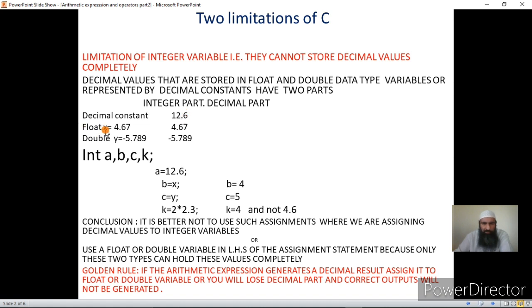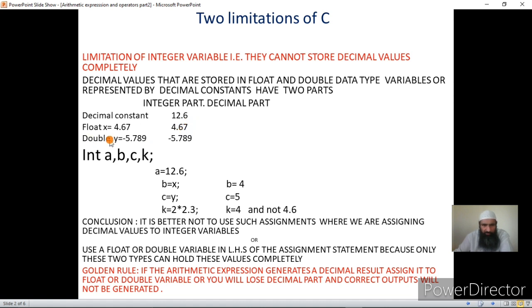If we have a variable x that is of type float, then it stores a value, suppose 4.67. Then 4 is the integral part and 0.67, that is 67, is the decimal part.